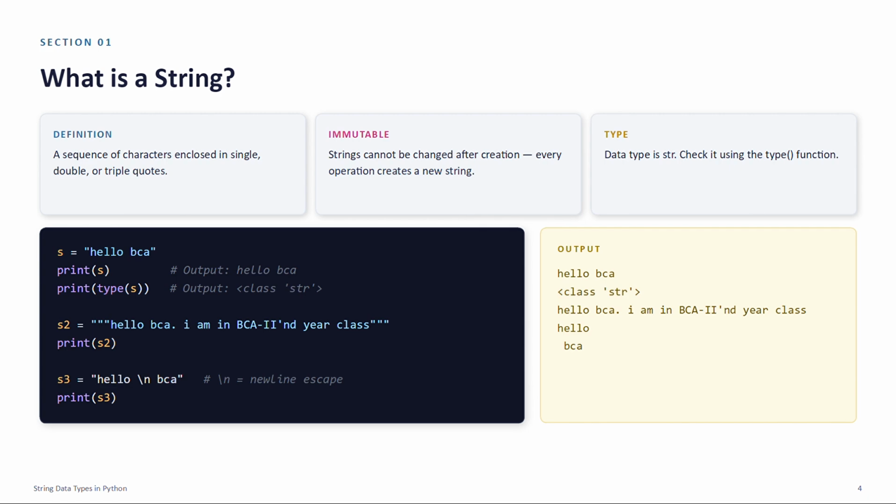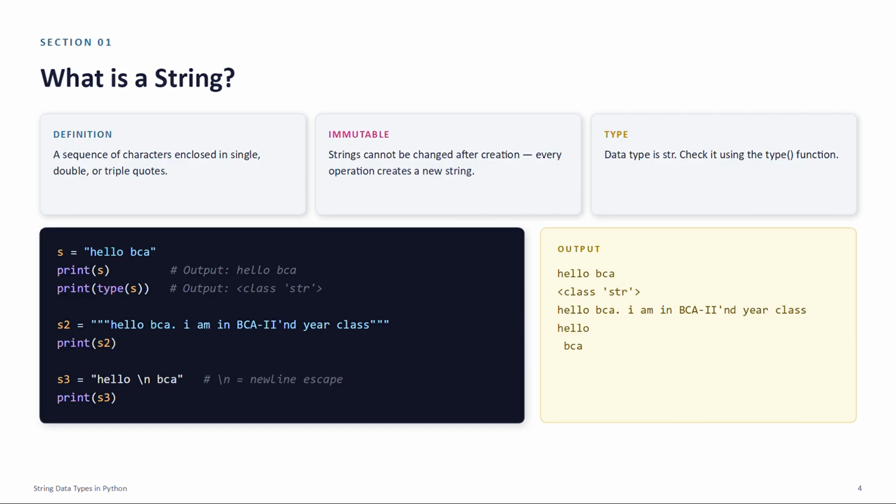On the left hand side of your screen, I have used different programs which are stored in different variables, and on the right hand side of your screen, I have provided the output. Let's begin with the first string. I created a variable named s and stored the text hello BCA. Think of a variable like a box with a name tag.